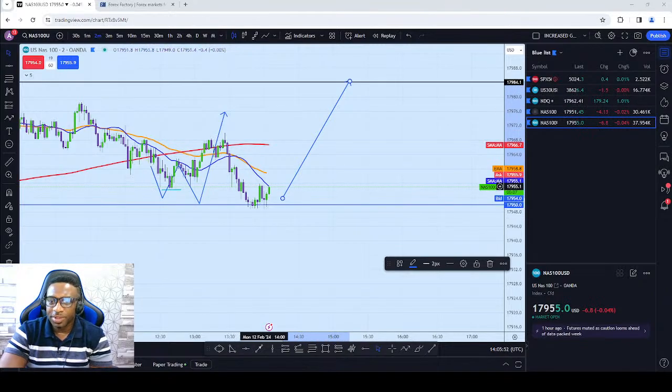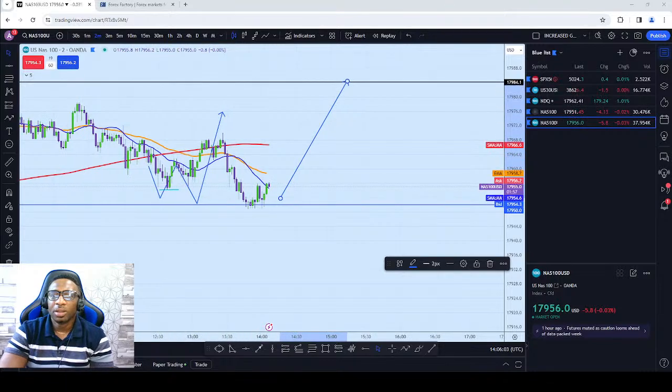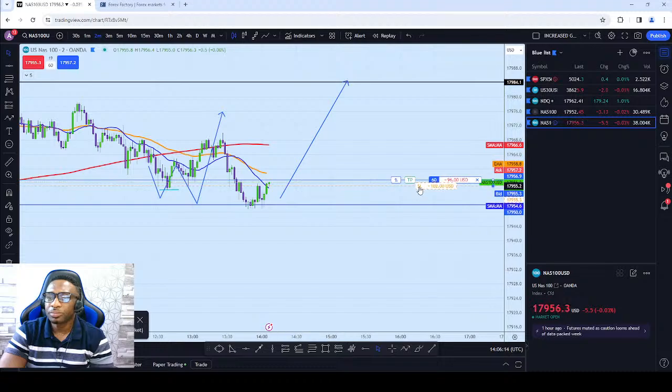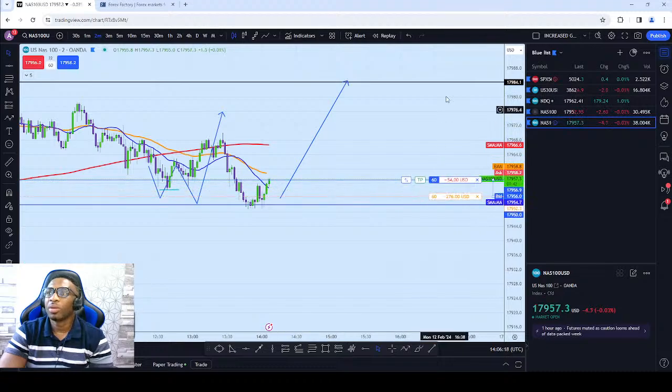So looks like this key area has been respected. Looking at the way things are looking, the key area has been respected. So we go in for it.